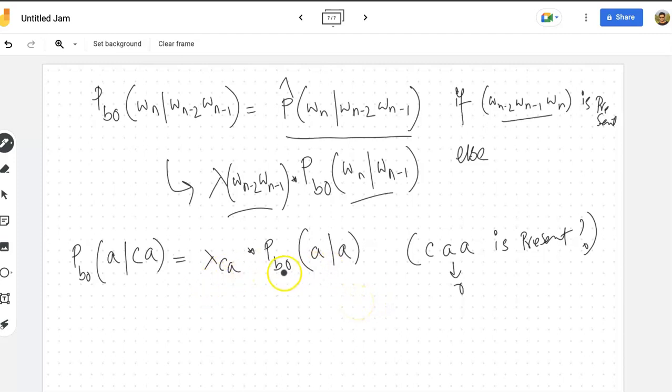Now similarly we need to find this thing. How will you find this thing? Okay, so let's start with this one: probability backoff of A. First check if A is present or not.